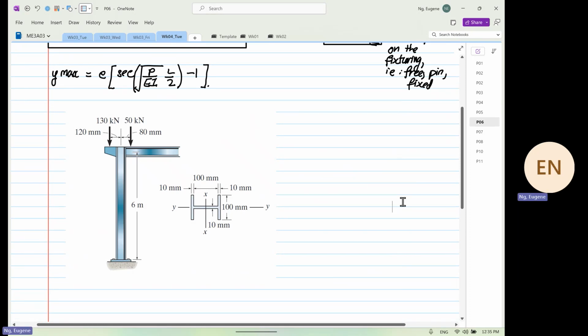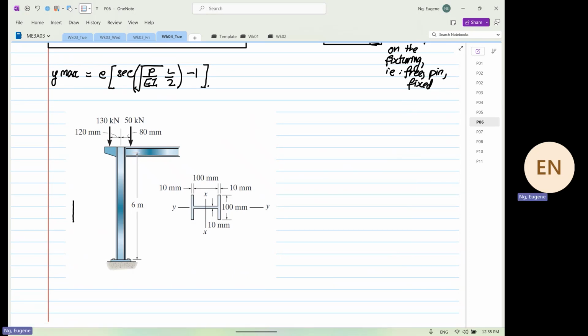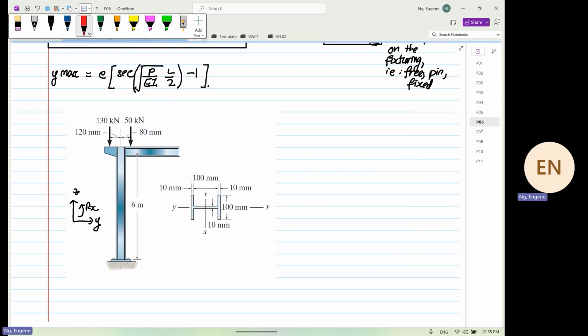And before, at the class held at 10:30, we know that this is our rotation about X. We know that the buckling will occur in this way.